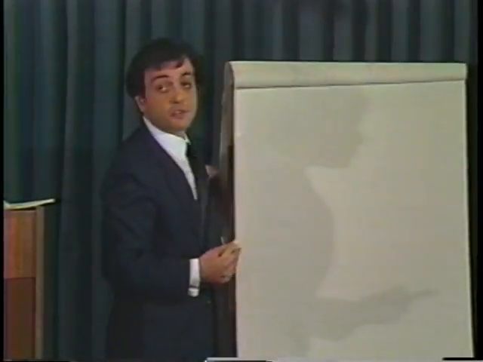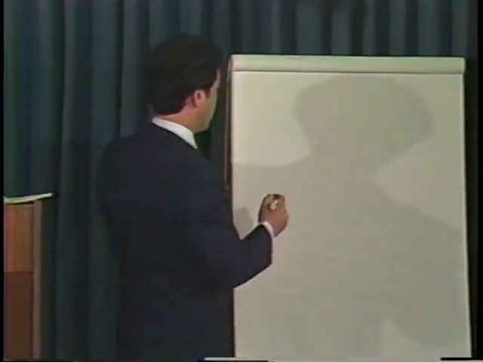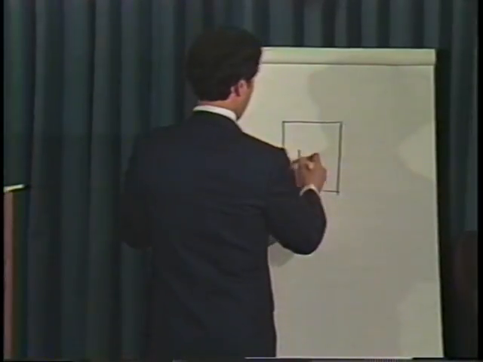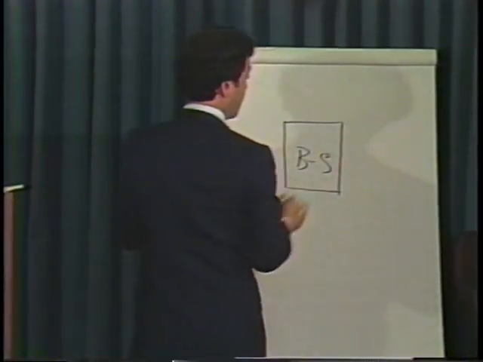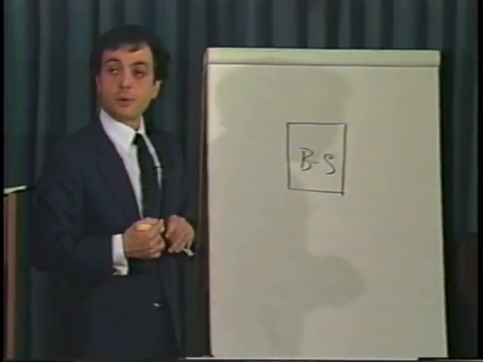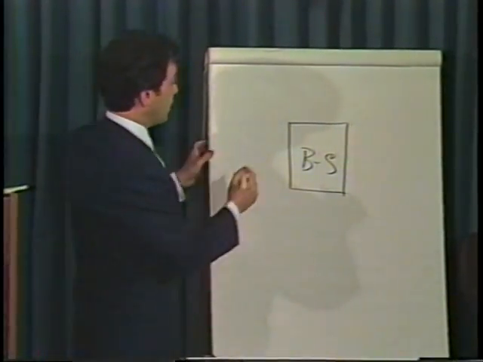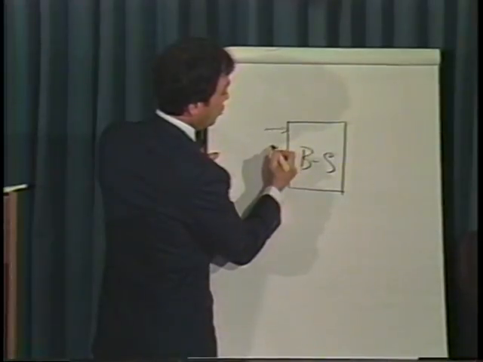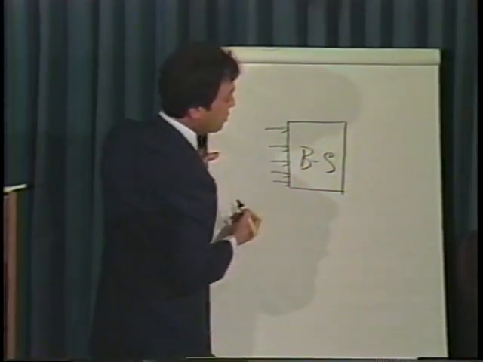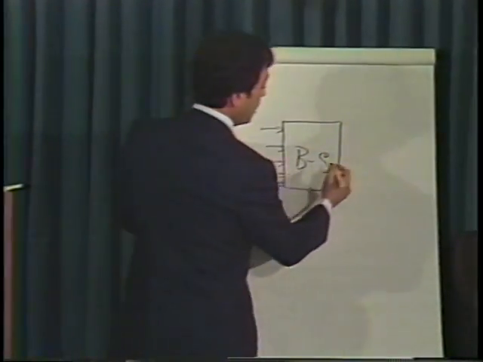model as if it were a black box. This Black-Scholes model is in the middle. It is the black box. That is to say, there are inputs that go into the Black-Scholes model, and there will be outputs that will come out of the black box.